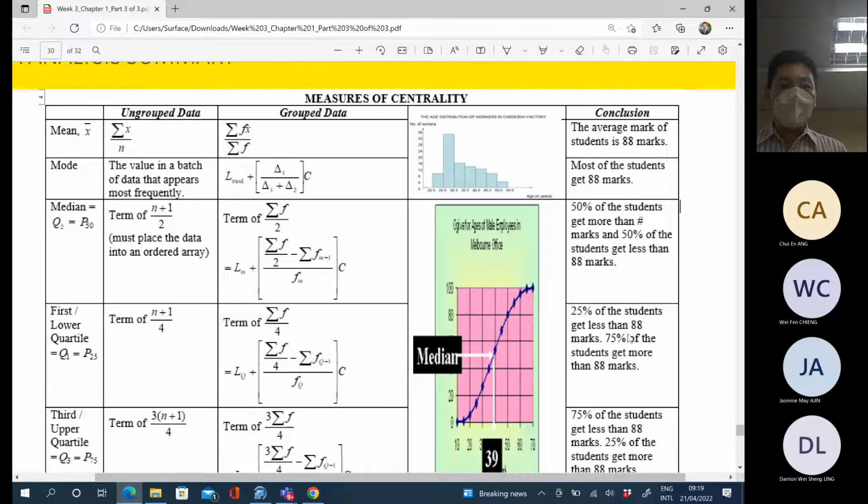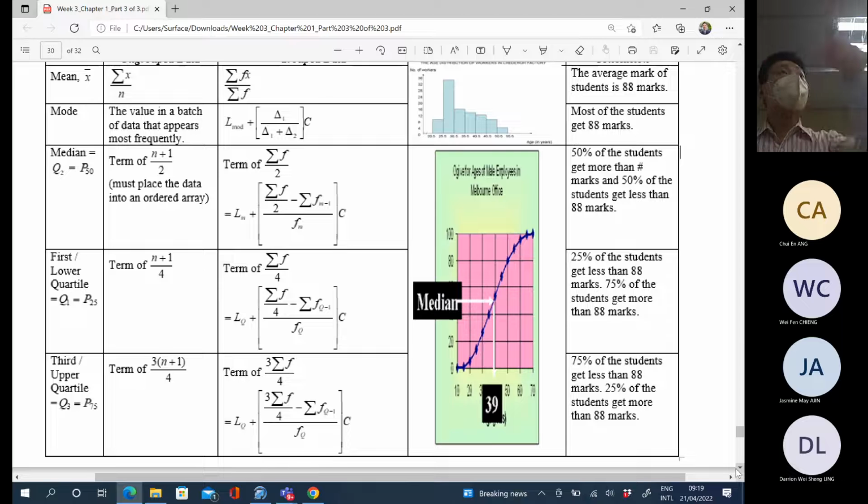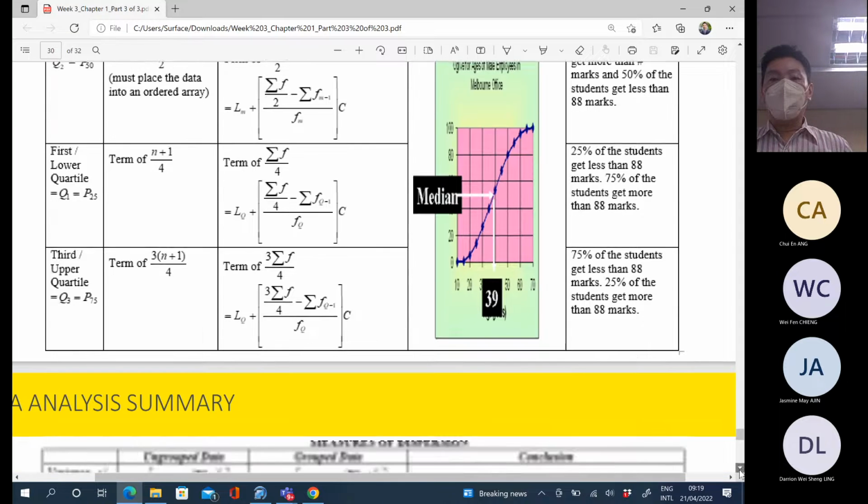And then how about Q3? For Q3, you start with 75% of the observed object obtaining less than the Q3 value, and 25% of the study object getting more than the Q3 value. I already listed the sentences you can refer to for your project 2 later on.